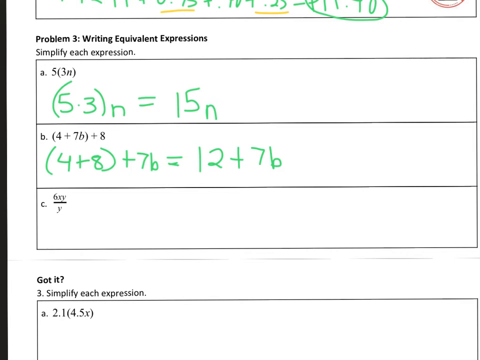If you look at the y on the top, the y on the bottom, I could rewrite this as 6x times this fraction y divided by y. And we should be able to tell that a number divided by itself is 1. So this is 6x times 1, or just 6x. So that's kind of nice to be able to rearrange things to make it mathematically simpler to do.